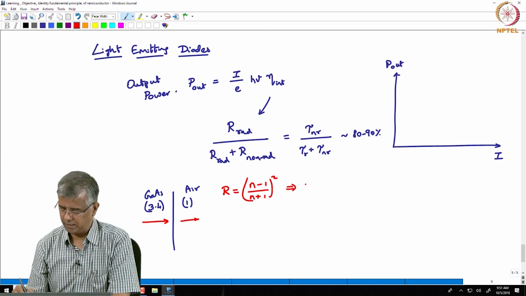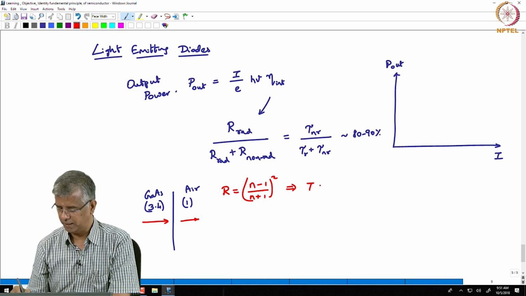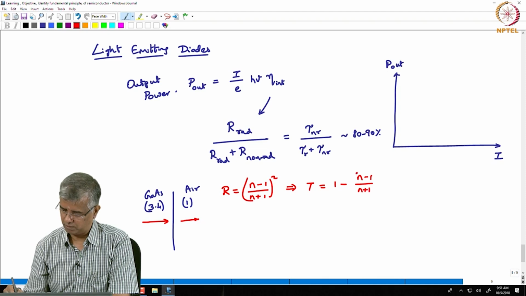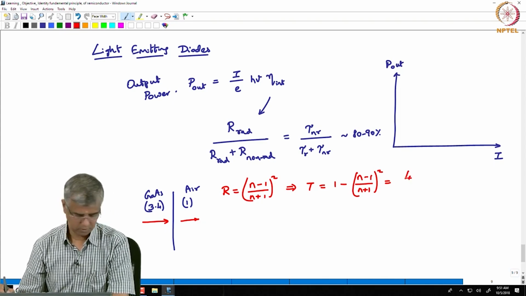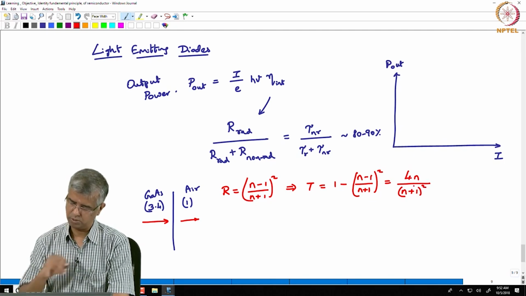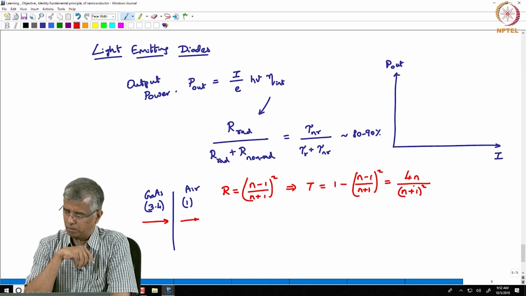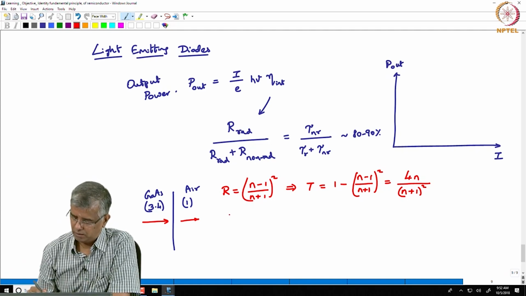So the fraction of light that is transmitted is given by 1 minus ((n minus 1) over (n plus 1)) squared, which is not approximately but exactly equal to 4n over (n plus 1) the whole squared. That is the fraction of light that is transmitted.